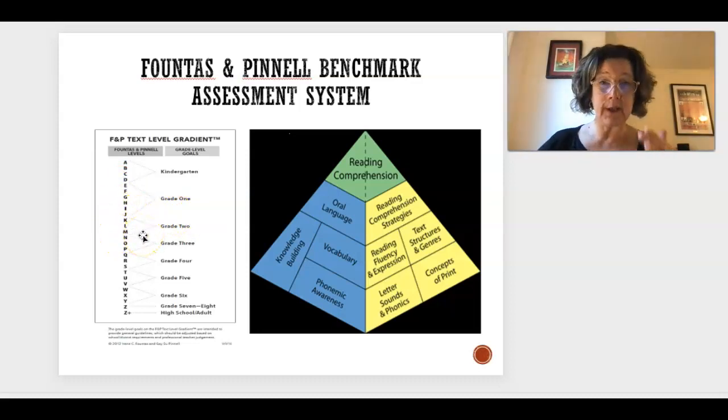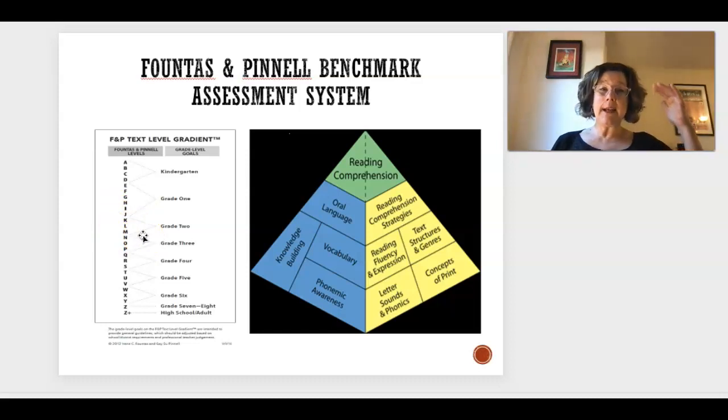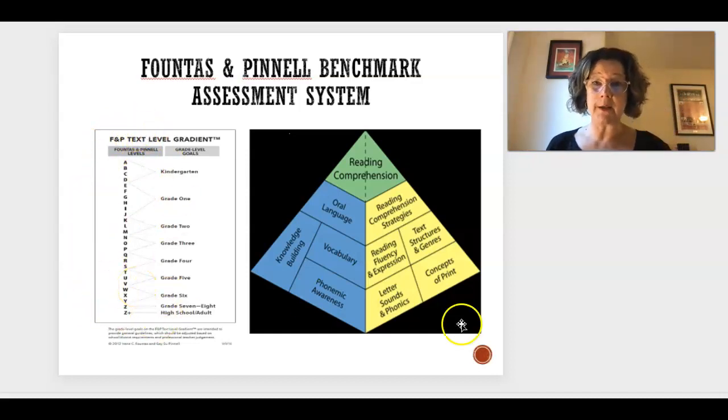And we're going to actually look at these books, and it will give you a sense. If you're like, I've always seen these letters, but I never actually knew what they were, this is what they are. So it's definitely an assessment system.